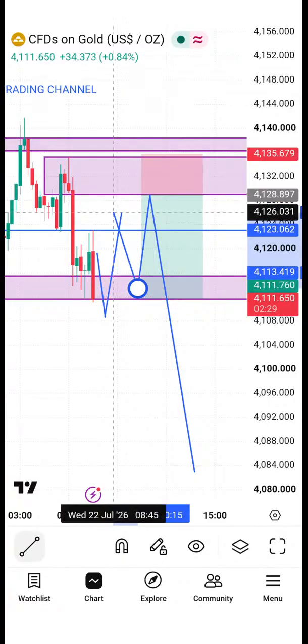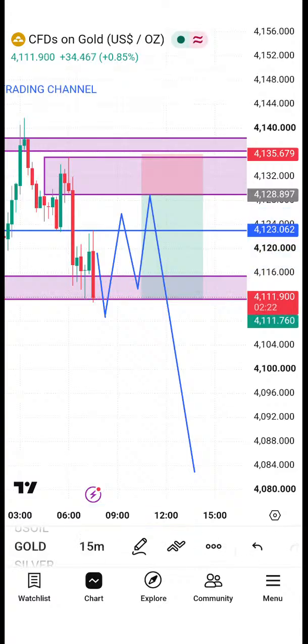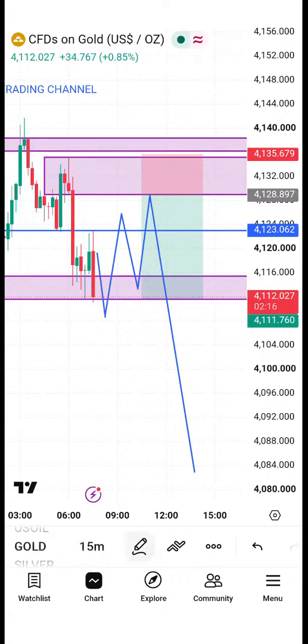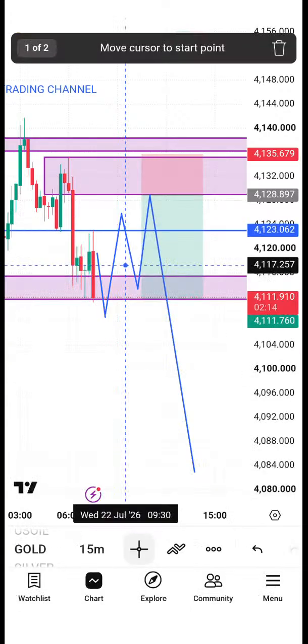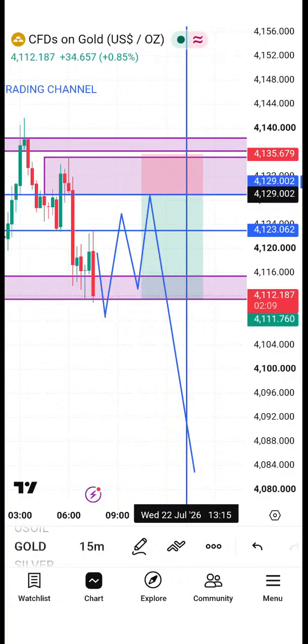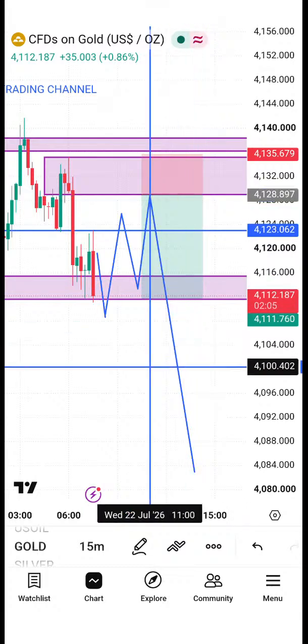And that's where I will buy. I'll take a buy and then target this area. From here, then I take a sell.